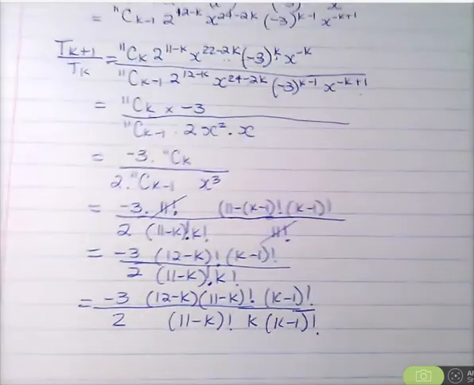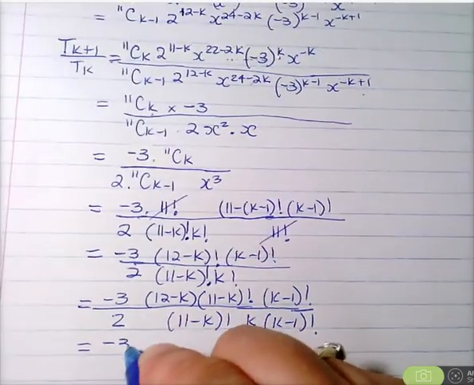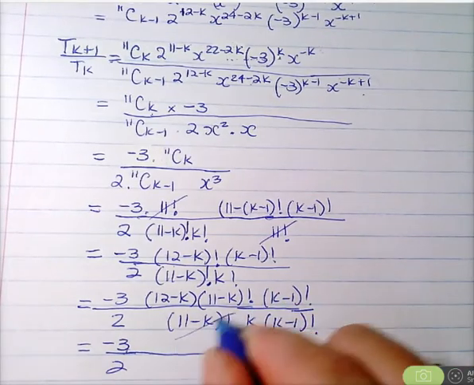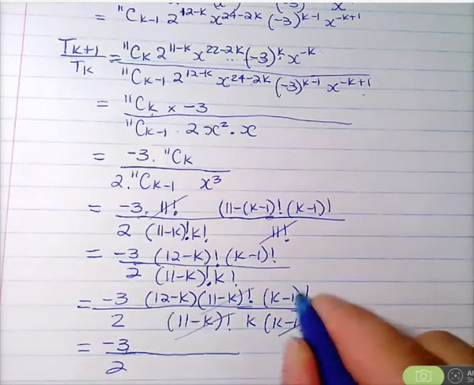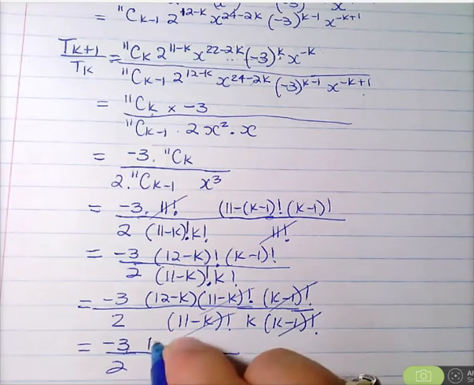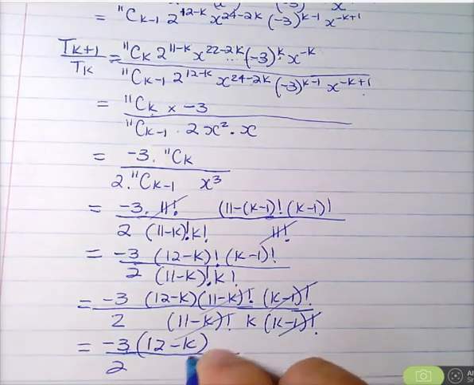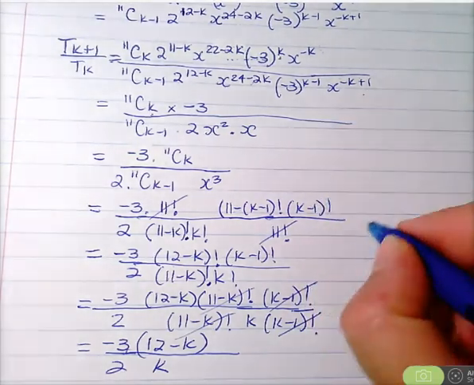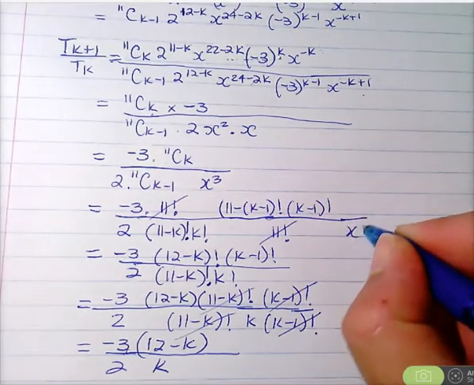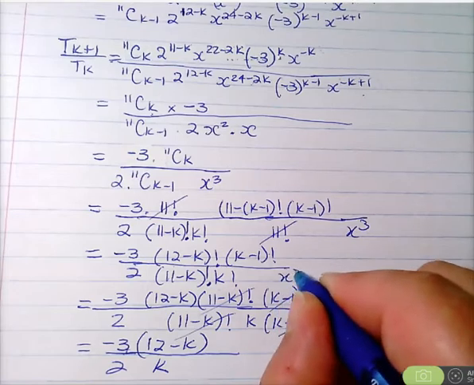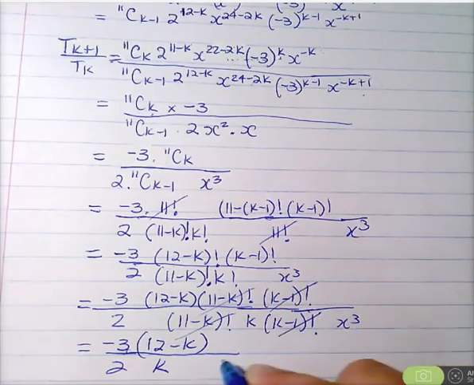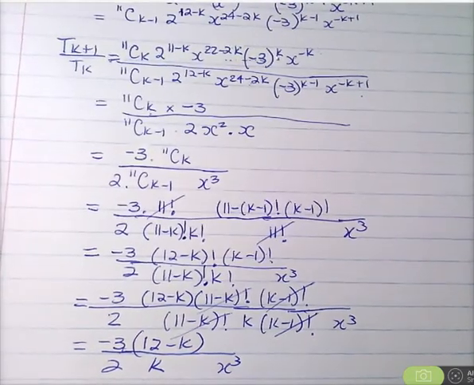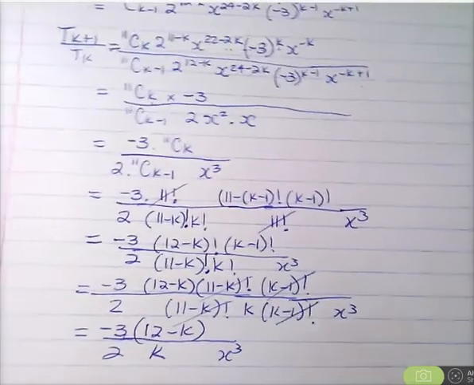Now we can do some cancelling, and we get negative 3 on 2, and the 11 minus k factorials cancel, and the k minus 1 factorials cancel, and we're left with 12 minus k over k. And I still have this x cubed here over x cubed.